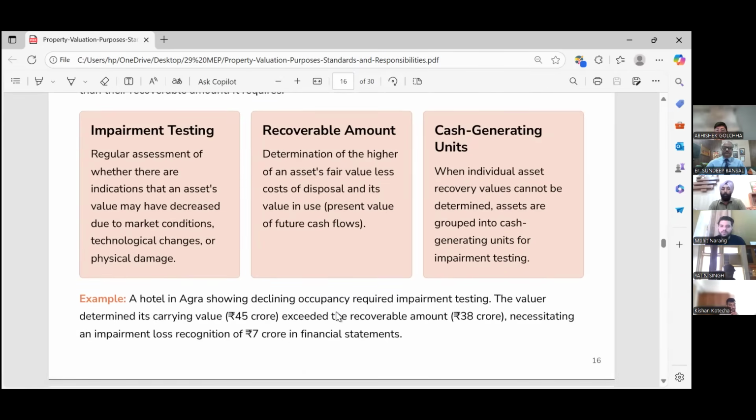For example, a hotel in Agra showing declining occupancy required impairment testing. The valuer determined its carrying value of 45 crore exceeded the recoverable amount of 38 crore, necessitating recognition of an impairment loss of 7 crore in the financial statements.